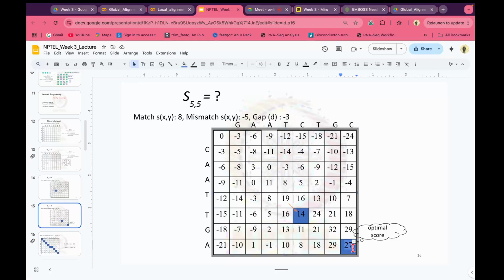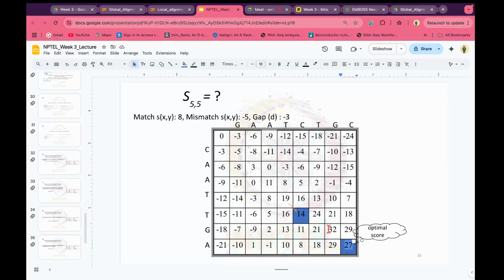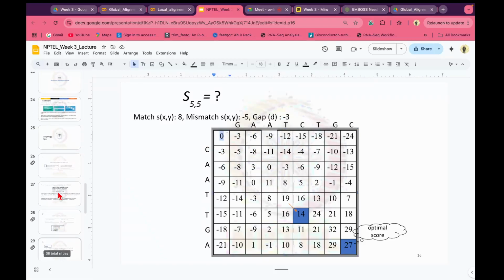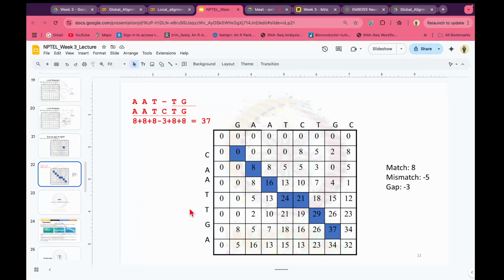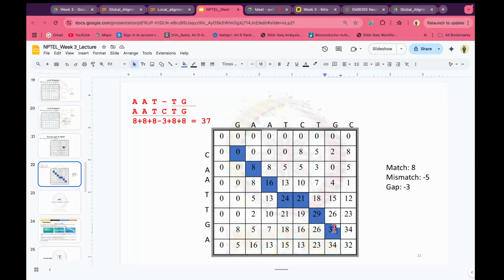Whatever value we see in the last cell we consider, but in local alignment we consider the cell having the maximum value and trace back towards this 0. So that is the difference between both alignment techniques. Both alignments will trace back to 0, but one starts from the last value and the other, the local one, starts from the maximum value.